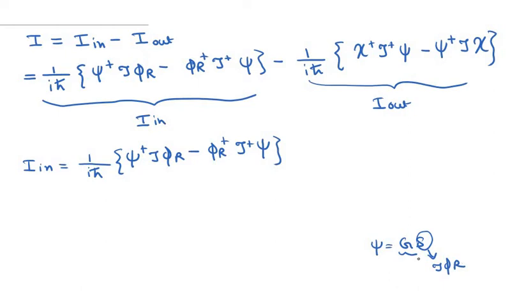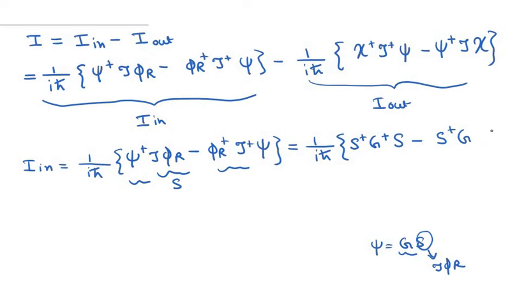So here, psi dagger becomes S dagger G dagger, and tau phi r is equal to S, so this becomes minus S dagger G S.